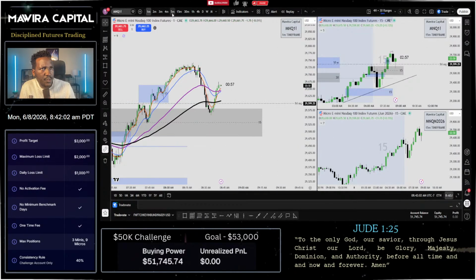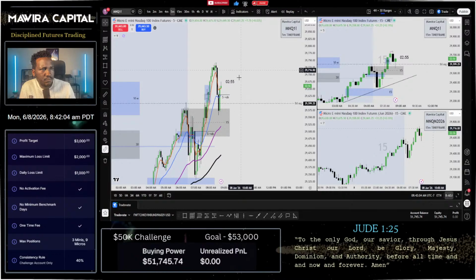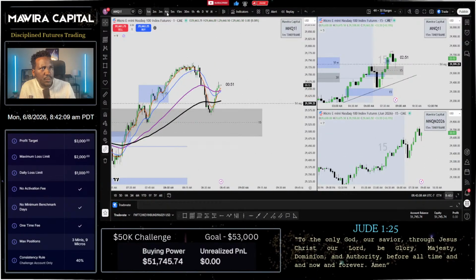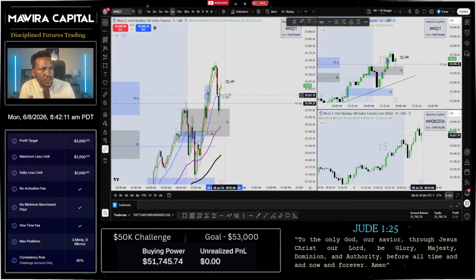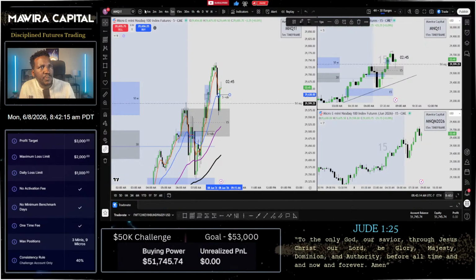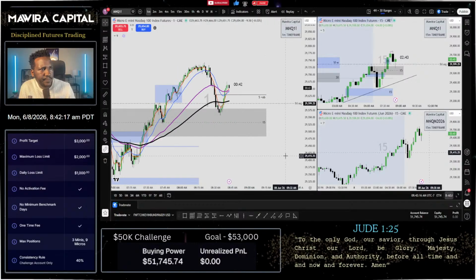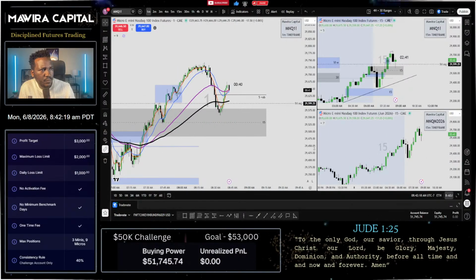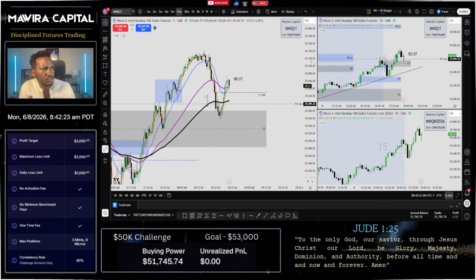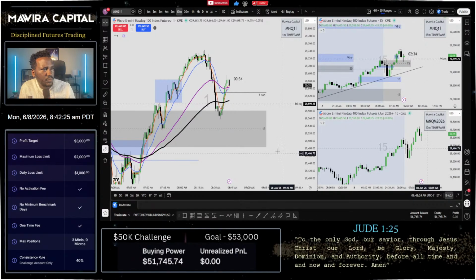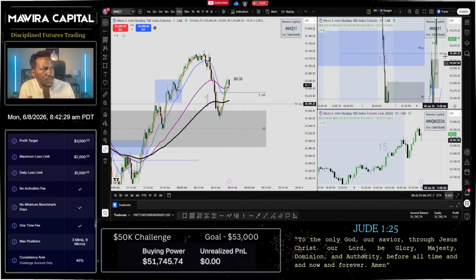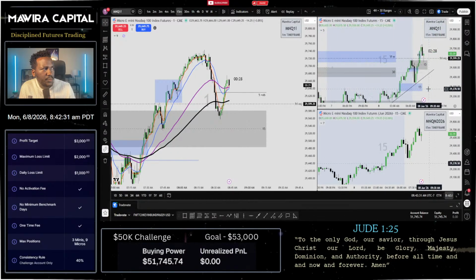No, it's somewhere here. No, it doesn't have to show. Current interval and below. Okay.